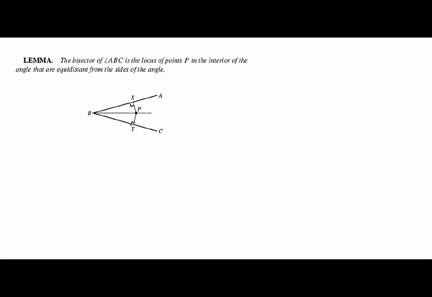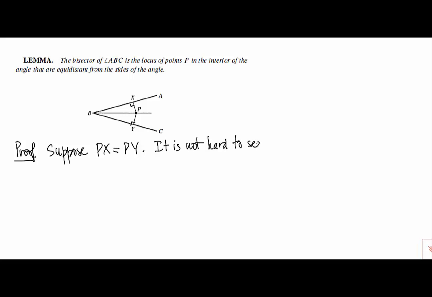Okay, so suppose, as shown in this picture, that PX is equal to PY. It is not hard to see that the triangle PXB is congruent to the triangle PYB.